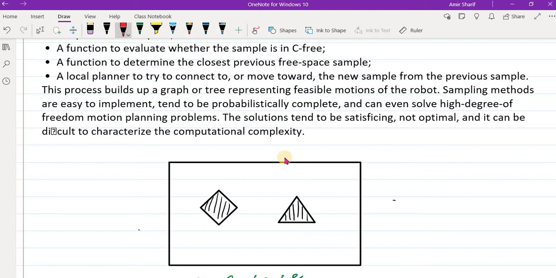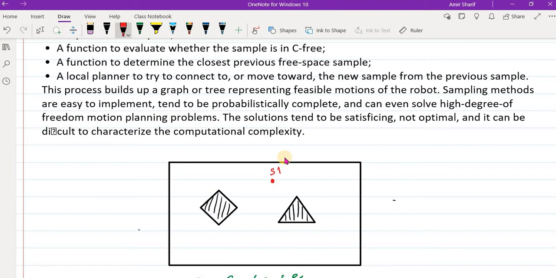So the first step, we take a random sample anywhere. Let's say I take a sample here, and I call it sample 1. Now I have to evaluate whether this sample is in C free or in the obstacle. If this sample is inside your obstacle, then it will not be considered; we just discard it.